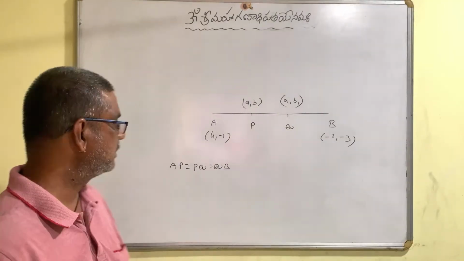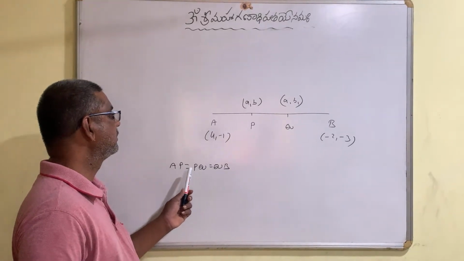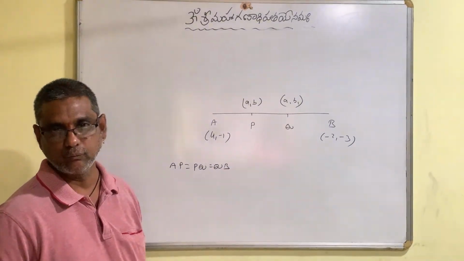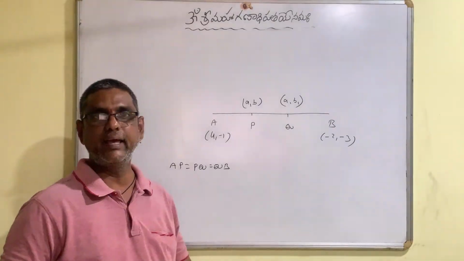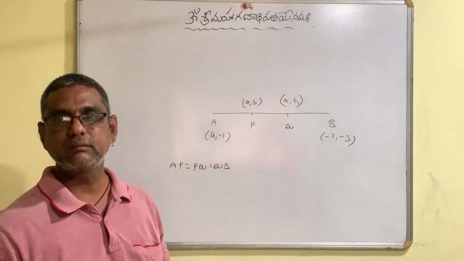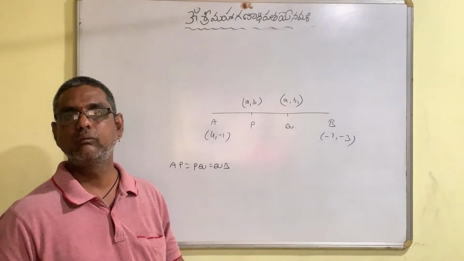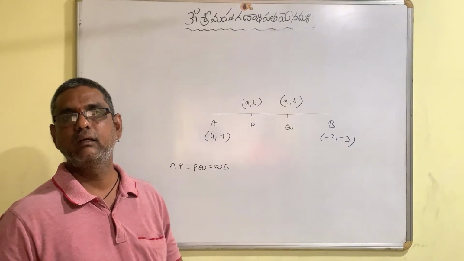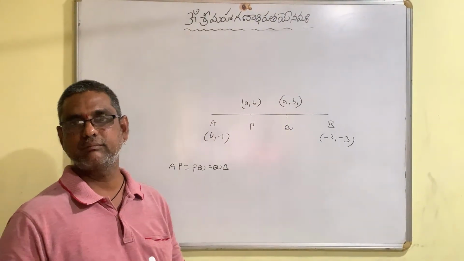First of all, let us understand about the points P and Q. These 2 points are dividing AB into 3 equal parts.